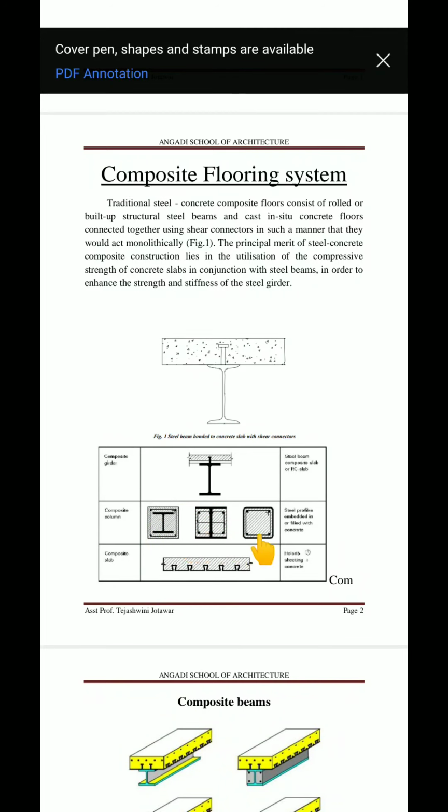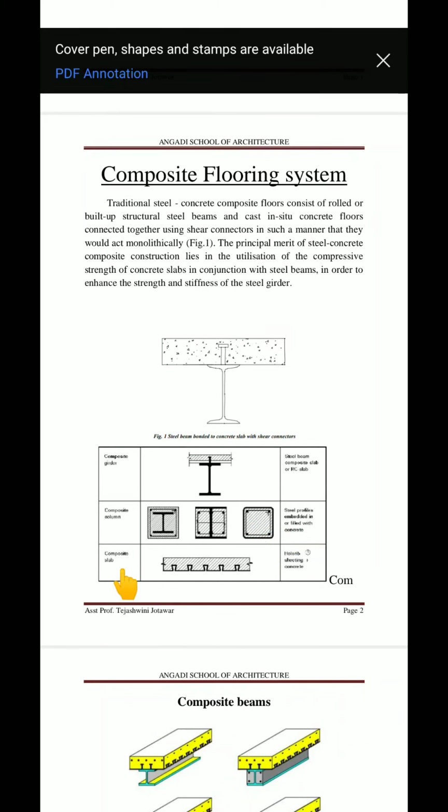The second one is composite columns, where a rolled steel column is completely covered or encased inside concrete layers, or there might be tube sections with concrete fillings, or rolled tube sections like this type.